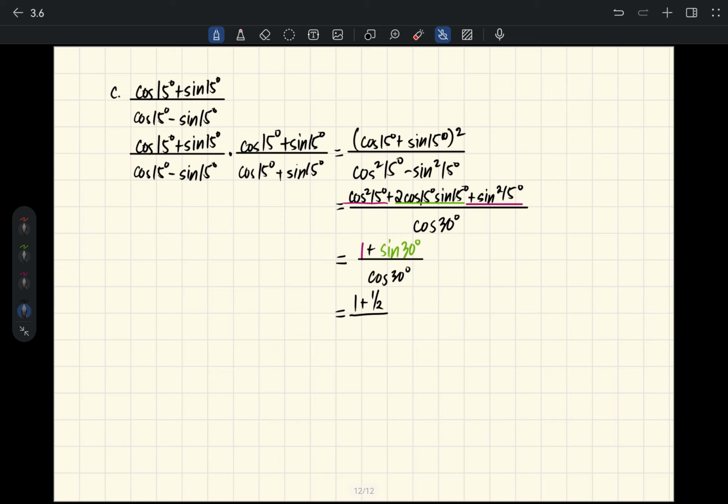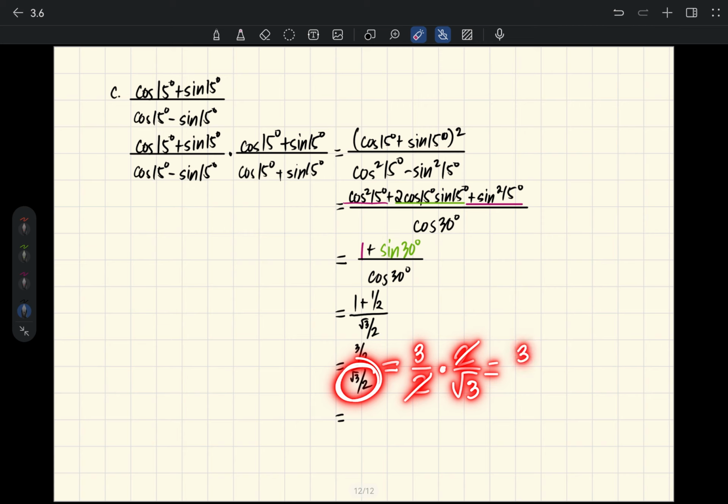And cosine of 30 degrees is square root of 3 over 2. So that in the numerator, we get 3/2 over square root of 3 over 2, which finally would be equal to, so this one will just be 3/2 times the reciprocal of the denominator. You have 2 over square root of 3.